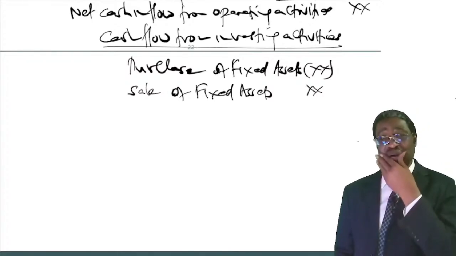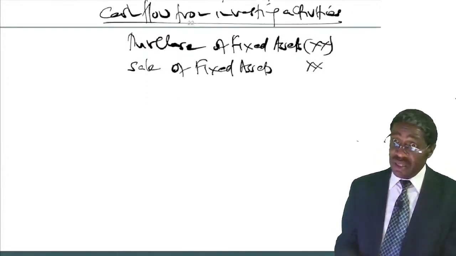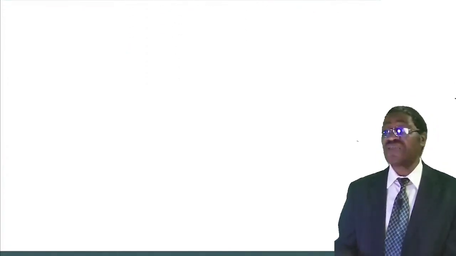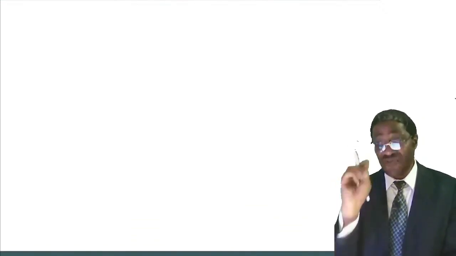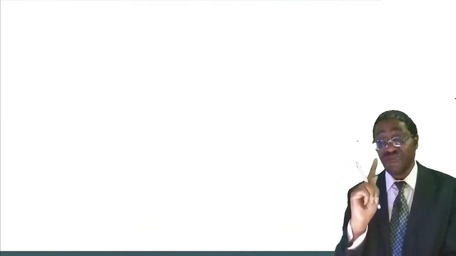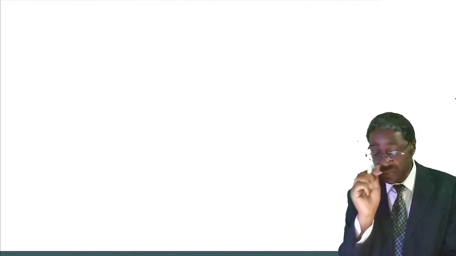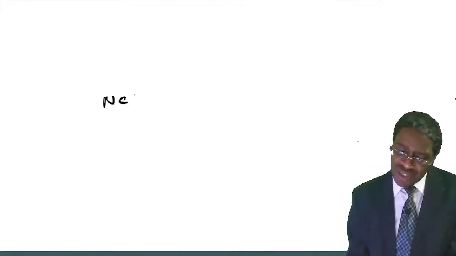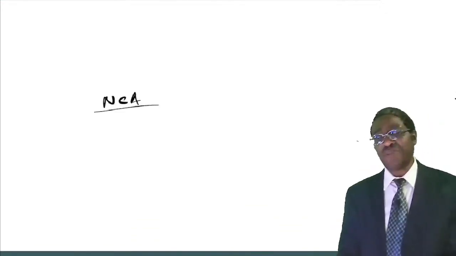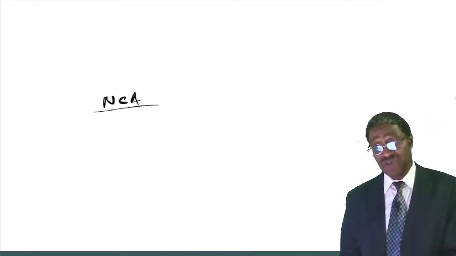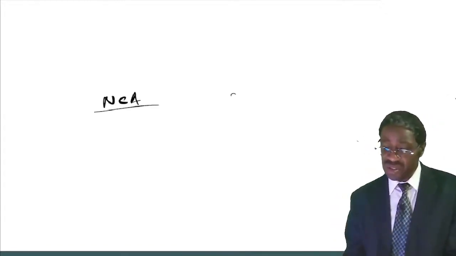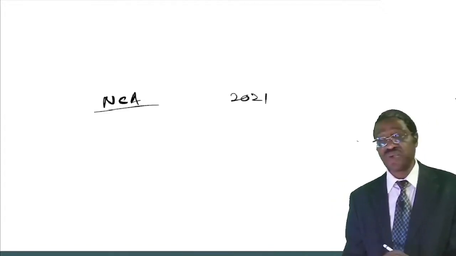Good. Now listen, we are saying investing activities are those transactions that affect any fixed asset. Suppose you go to the balance sheet of the company. I've said you will be given two balance sheets. One for last year, let's say 2021.